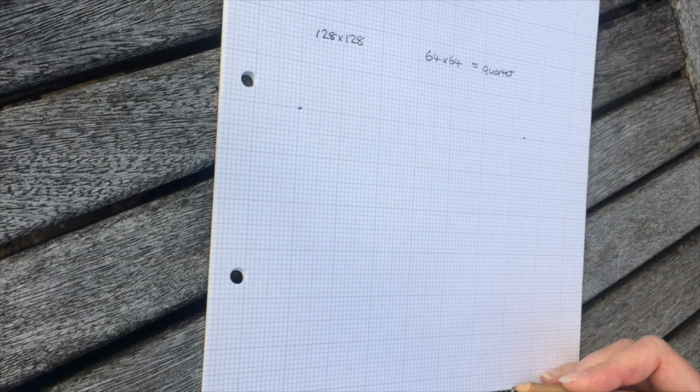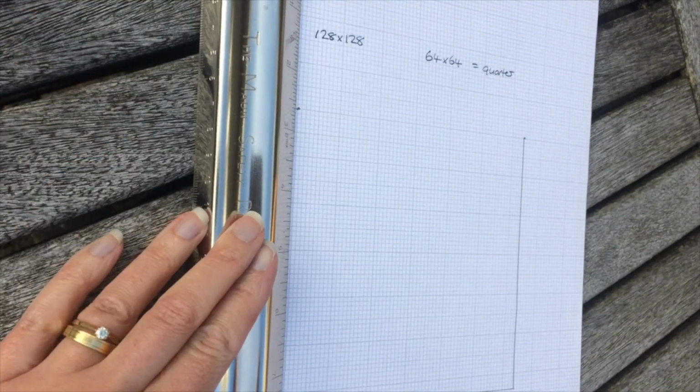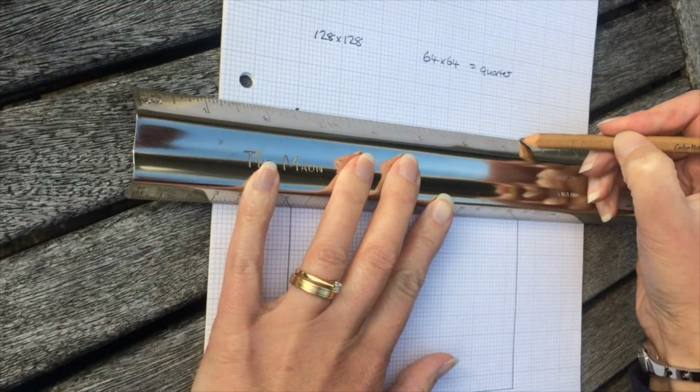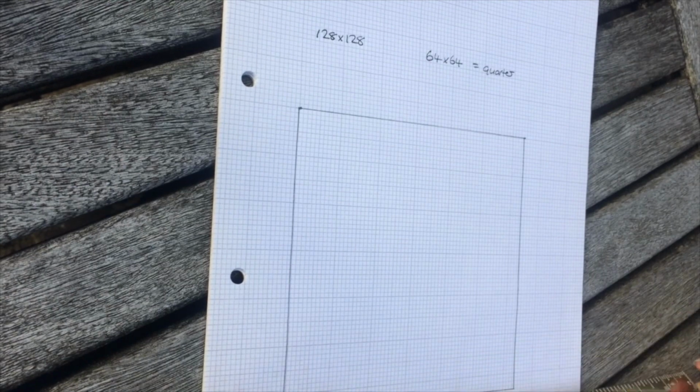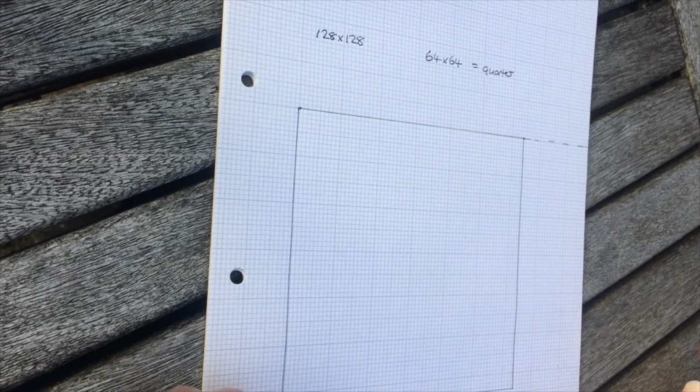And then drawing the square. Just to show you, that will be the other part of the map.